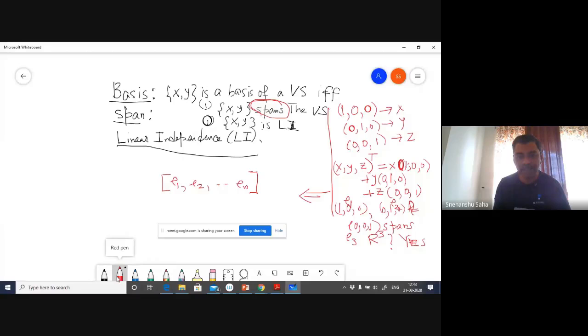What would that imply? Wouldn't it imply that this set of vectors will span an n-dimensional vector space Rn? Okay, all right, and that's about it.